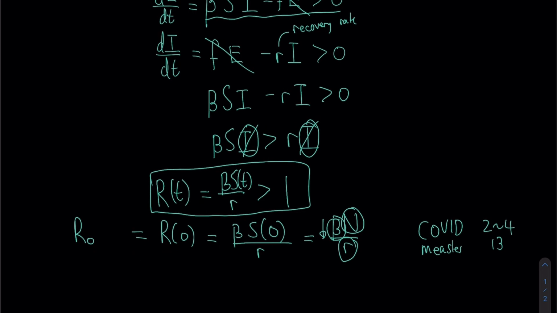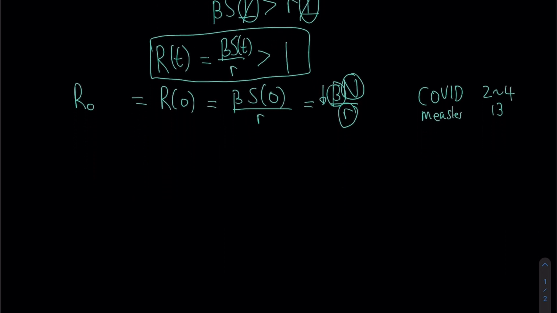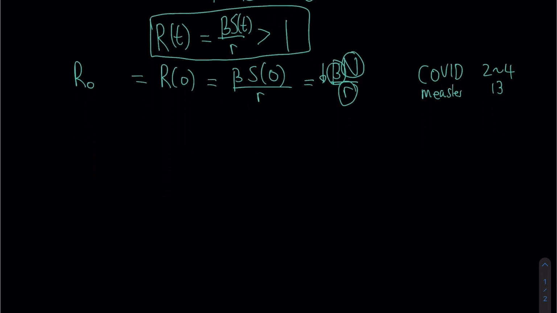Okay, so how many people need to get vaccinated? Well, a better question would be phrased as what proportion of the population needs to get vaccinated? Because we are dealing with proportions, let's define another variable. This would be the proportion of the susceptible population, but because we're too lazy, we're going to write this as small s, the proportion of susceptible people.